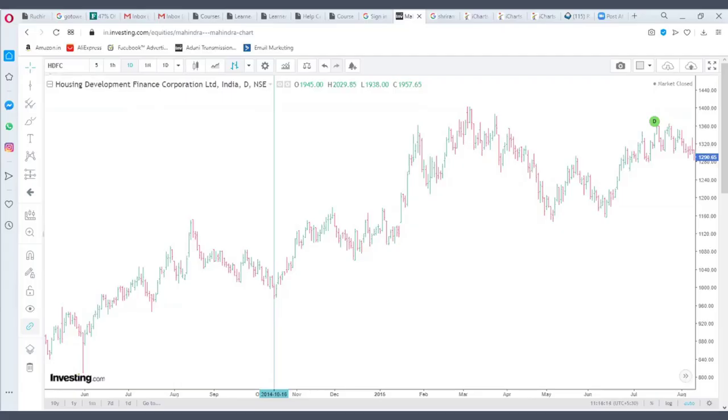What is that degree here? Jupiter's degree is 128.57. Now what we will do is go to our Excel master sheet.